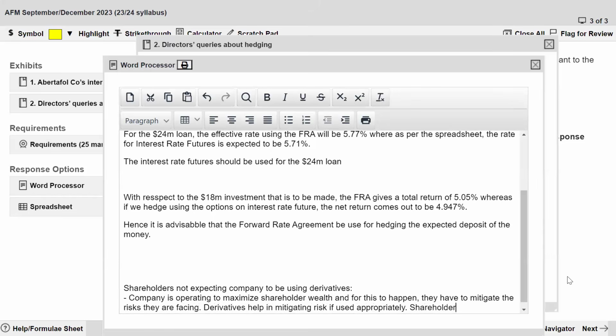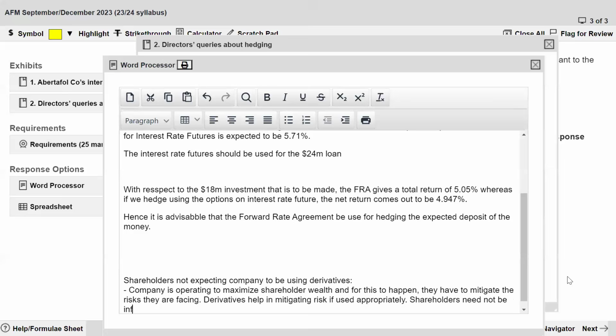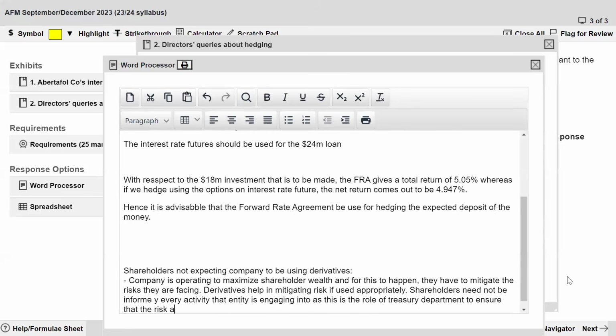The shareholders need not be informed of every activity that the entity is engaging in, as this is the role of the Treasury Department, to ensure that the risks are appropriately mitigated.